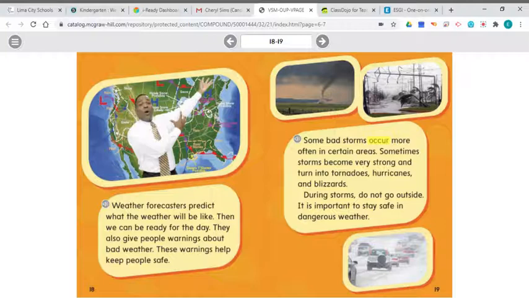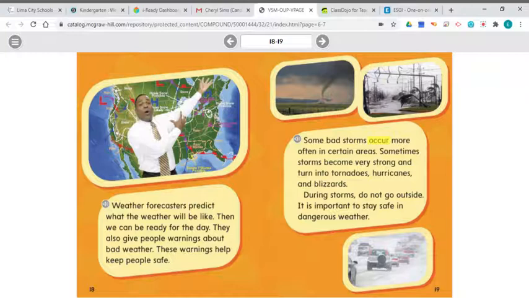Good readers stop to clarify and figure out the meaning of unknown words. What does the word blizzard mean? I'm going to see if I can figure it out by using what I have read and using the photographs. Blizzard is the last word in that sentence, and it's the last picture on the page.